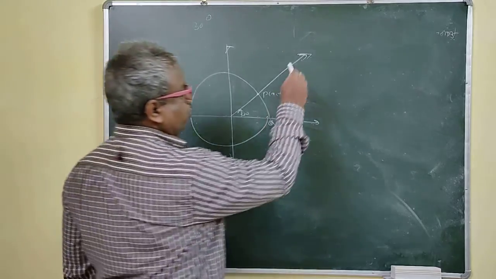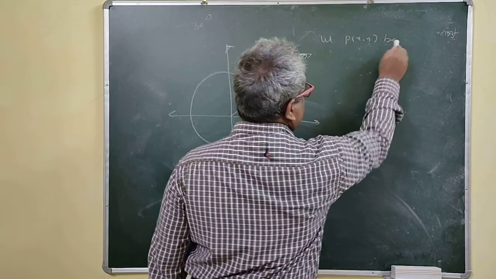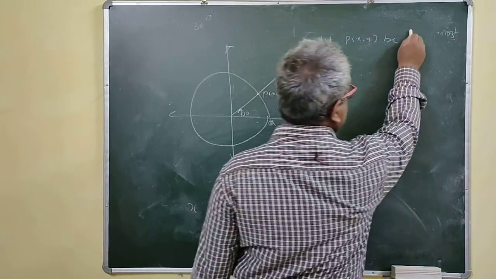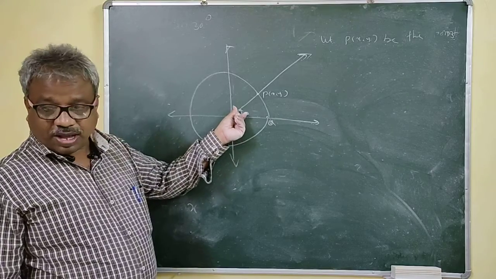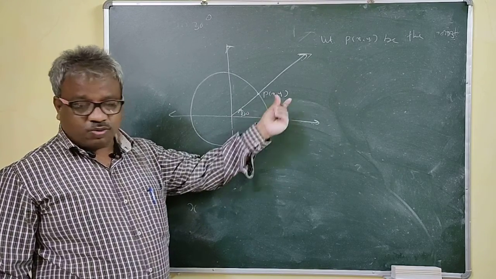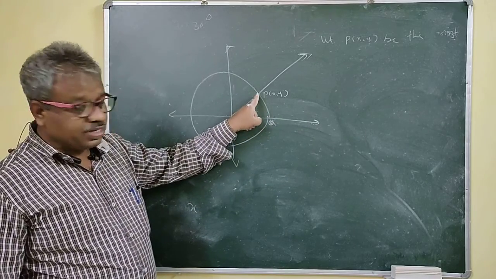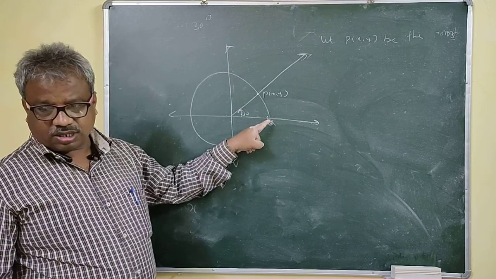Okay, so what do we do? Let P(x, y) be the point of intersection. We want the trigonometric ratios of angle 30 degree, so this will be cos 30 degree, sin 30 degree. We want the point of intersection of the terminal arm and the standard unit circle.